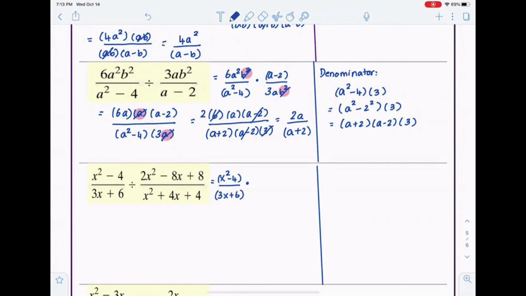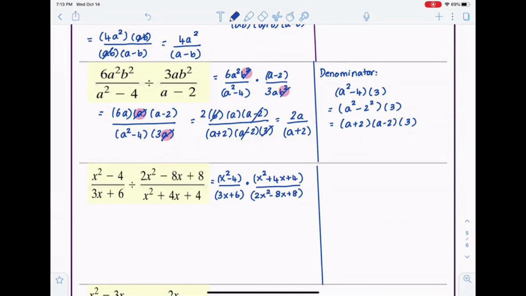So times, if you flip, the denominator comes to the numerator, and the numerator comes to the denominator.